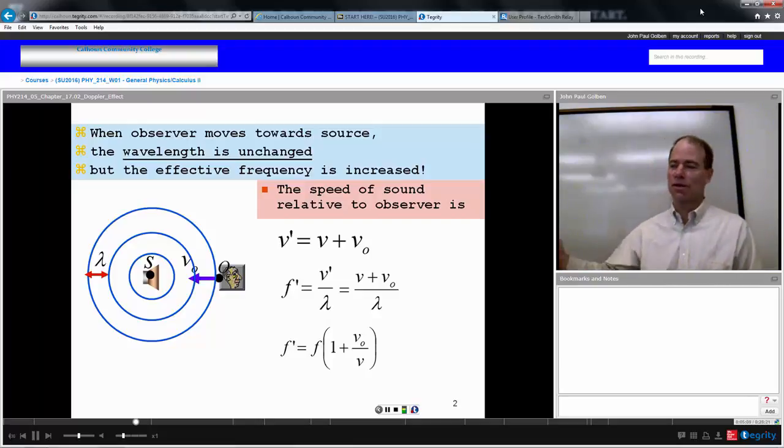So if the frequency being put out is, say, middle C on the chromatic scale, I might hear a frequency that is 10% higher, which could be 2 notes higher on the chromatic scale. So instead of middle C, I'm going to hear maybe an F on the chromatic scale, and hence I'll hear a higher frequency. I'll hear a note that is a couple notes higher than what is actually being put out by the source.